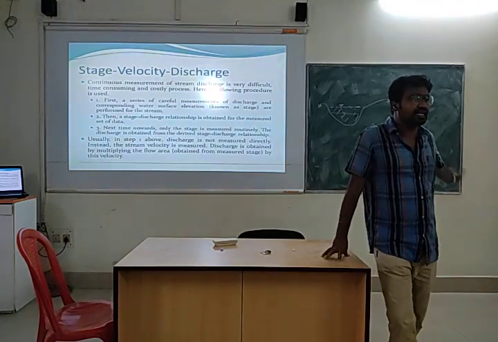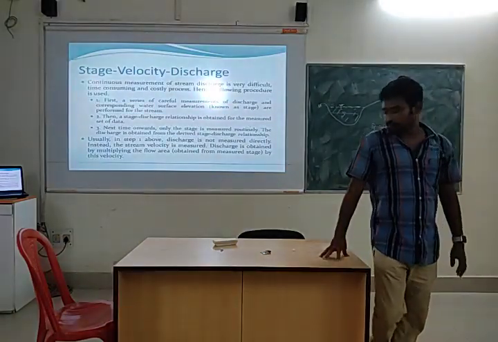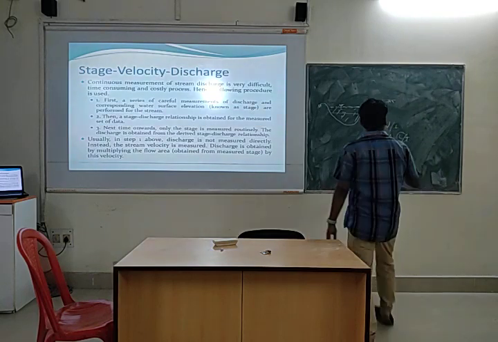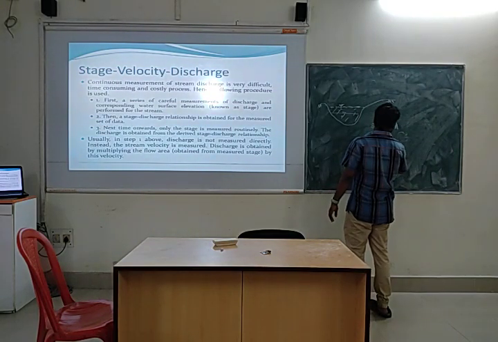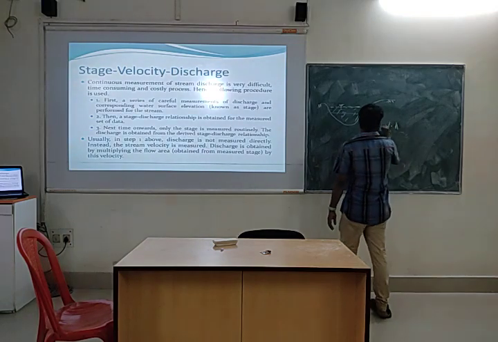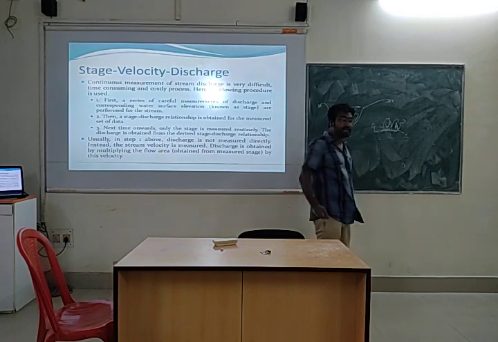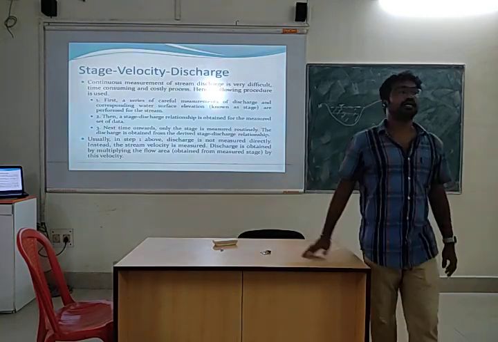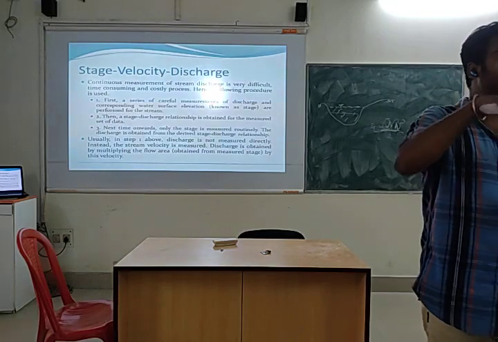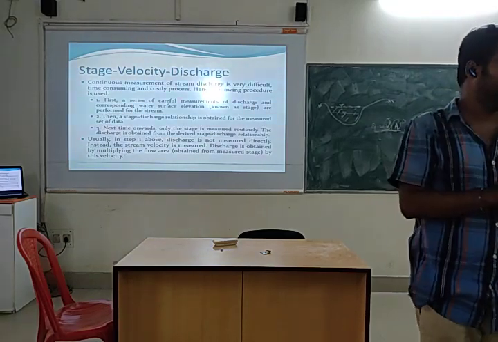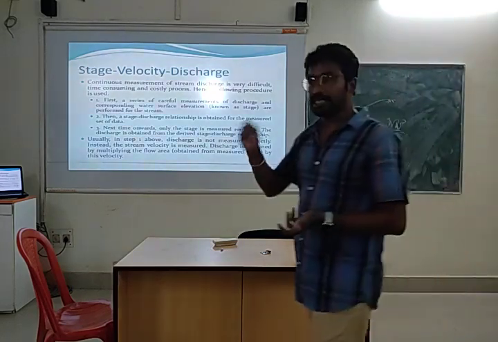There is a small mistake here, it is Q equals VA, velocity into area. So we are finding out the velocity, and next we are finding out the area, where the area can be dependent. Obviously, area will be dependent on the elevation itself, right? So area will be dependent on the stage again.